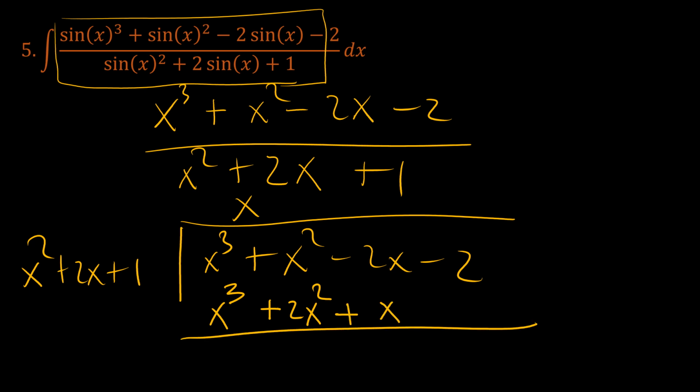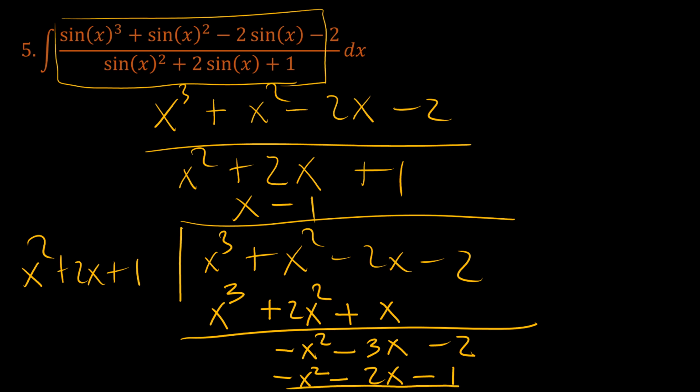So that here we have negative x squared, and here we have minus 3x minus 2. So multiply by 1, we are left with negative x squared minus 2x minus 1. And the difference there is minus x minus 1.